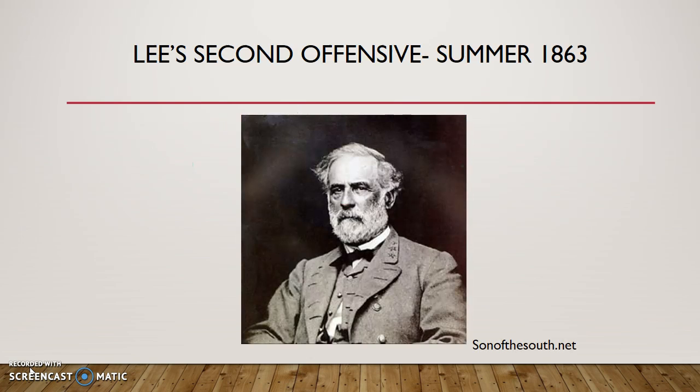After his strategic victory at Chancellorsville in May 1863, Confederate General Robert E. Lee planned his second invasion into Northern Territory.